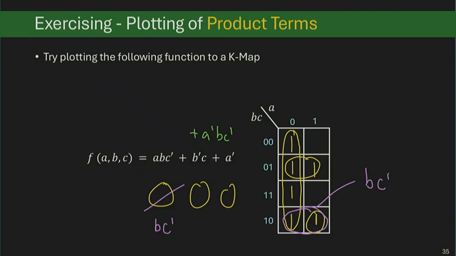That term would typically be absorbed by A prime, but I can also add it by applying absorption in the reverse direction. And the A prime BC prime and this one can be combined into BC prime. A different visualization of a different theorem in Boolean algebra in the Karnaugh map. Any other questions?